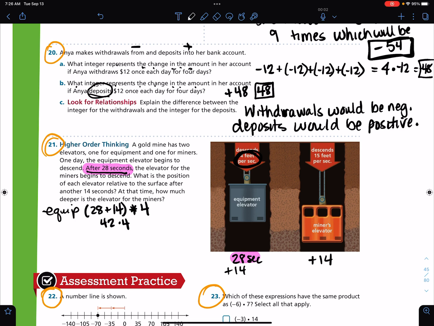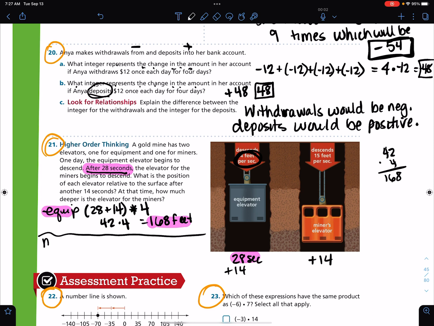I'm going to go off to the side somewhere. Do 42 times 4. I got 168. It's 168 feet. Okay? So after the 14 plus the 28 seconds, the equipment elevator gets 168 feet. Okay, now I need to go to the other elevator, which is the miners.